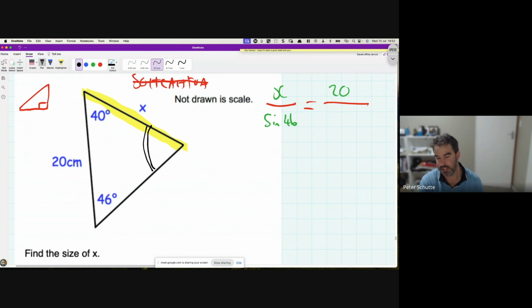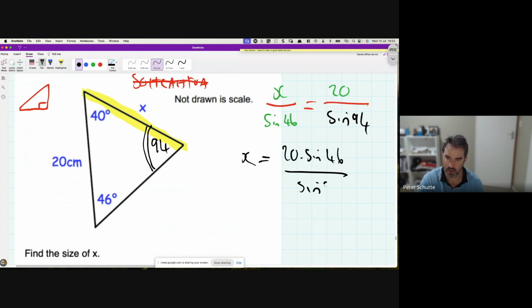So then I need 14 to get to 100. So this must be 94. So now I know this must be the sine of 94. Then x should be 20 times sine 46 over sine 94.